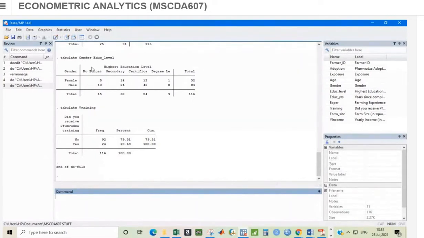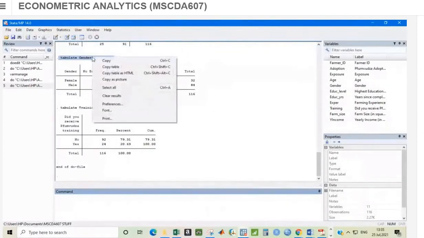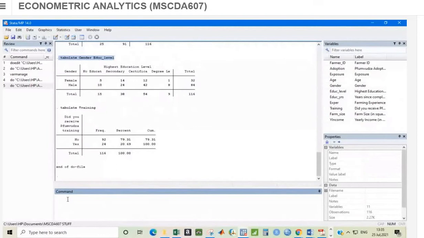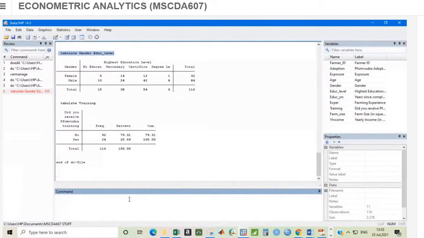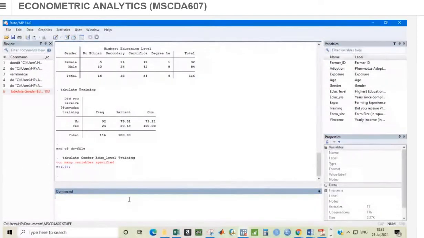But when you include now, say, 3 variables, let me see what happens when you include 3 variables. Say tabulate gender, education, maybe say training. And it ended. It says too many variables specified.